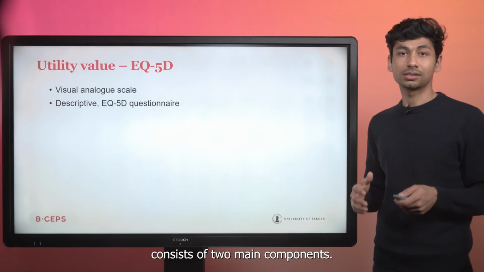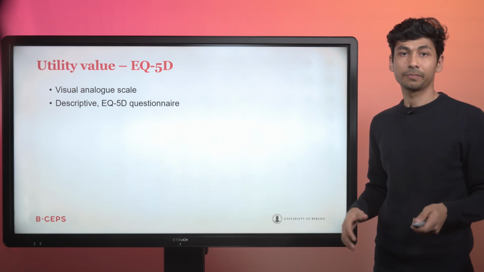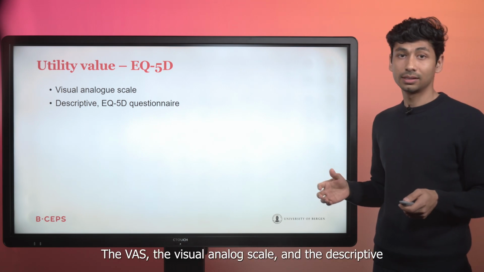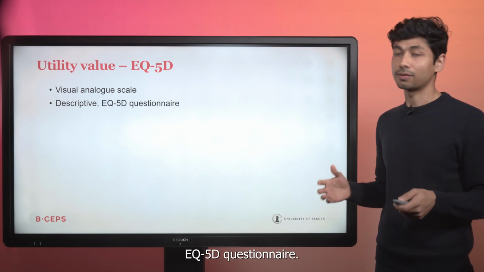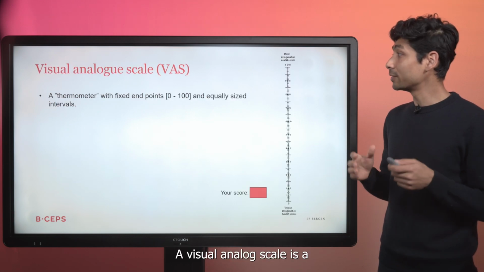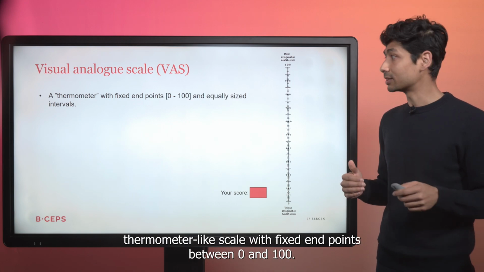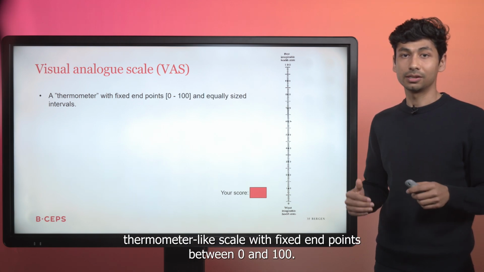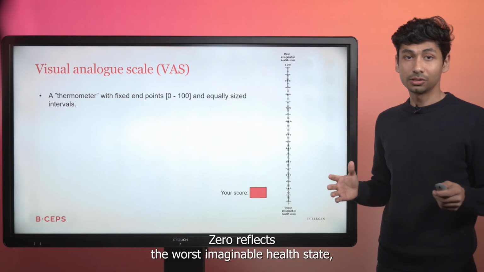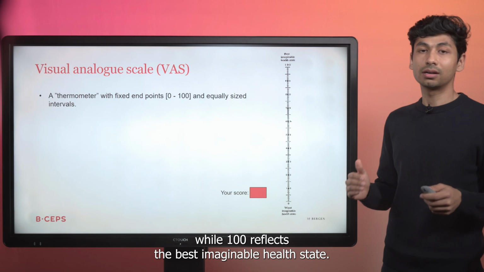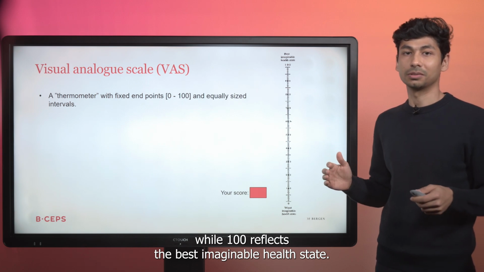EQ5D tool consists of two main components: the VAS, the visual analog scale, and descriptive EQ5D questionnaire. A visual analog scale is a thermometer-like scale with fixed endpoints between 0 and 100. 0 reflects the worst imaginable health state, while 100 reflects the best imaginable health state.